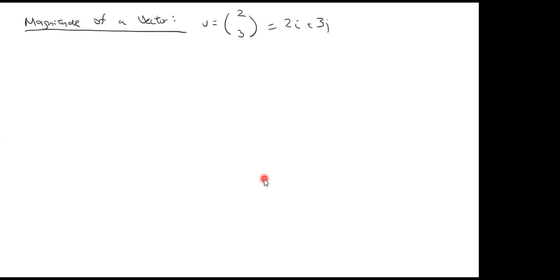If you remember, i is your standard base unit vector across in the x direction, and j is your base unit vector in the y direction. Then that means you're going to get a vector which looks a little bit like this.